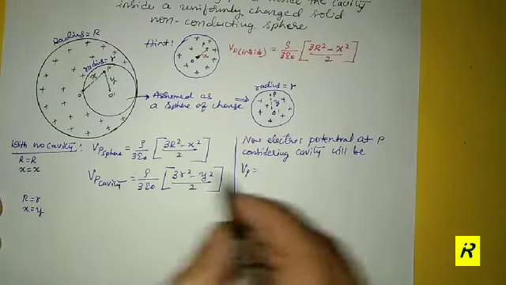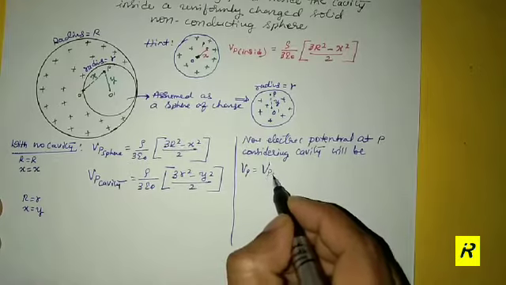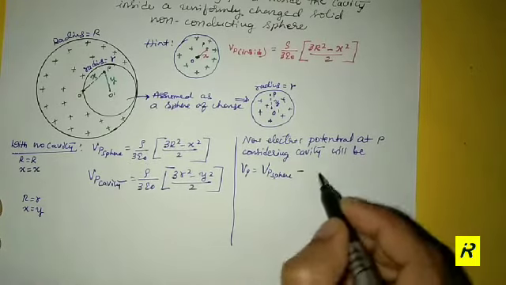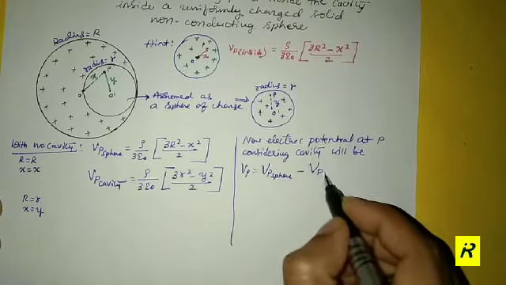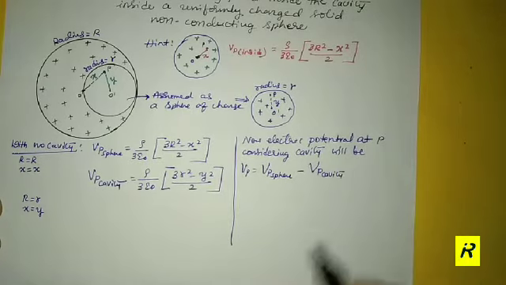That means the electric potential at P due to the sphere minus the electric potential at P due to the portion of the cavity.